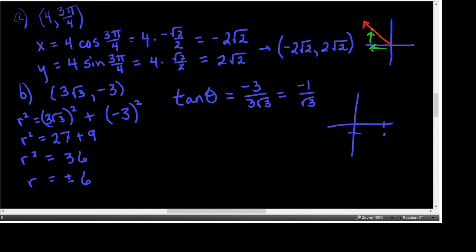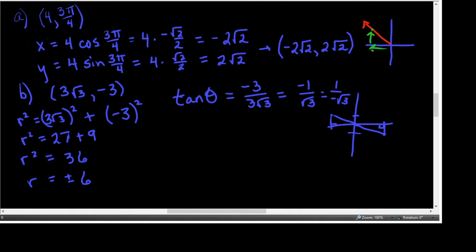So this point right here for my right triangle. Or it could be, in fact, that it's 1 over negative square root of 3, which would be positive 1, it's right there, and negative square root of 3, it's right there, giving us this reference triangle.